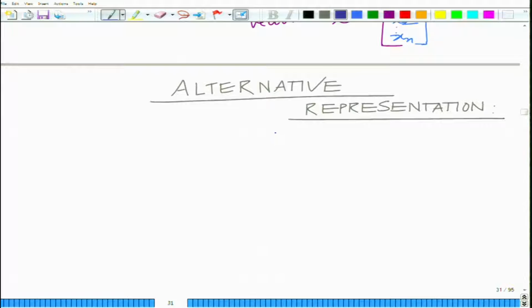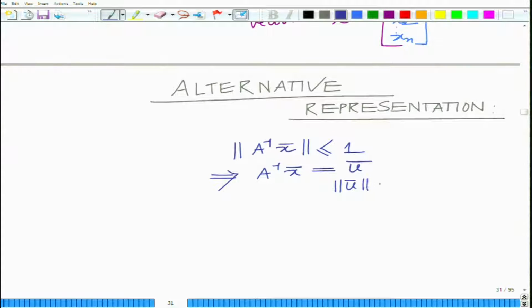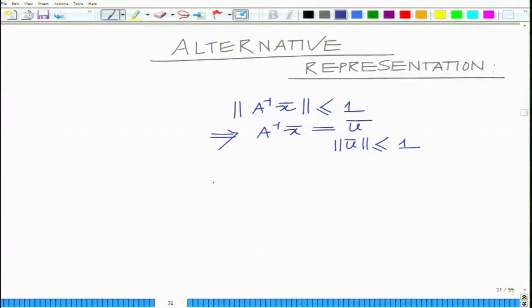Well, we have norm A inverse x bar less than or equal to 1. I can set A inverse x bar as a vector u bar with norm u bar less than or equal to 1, that implies x bar equals A times u bar with norm u bar less than or equal to 1.